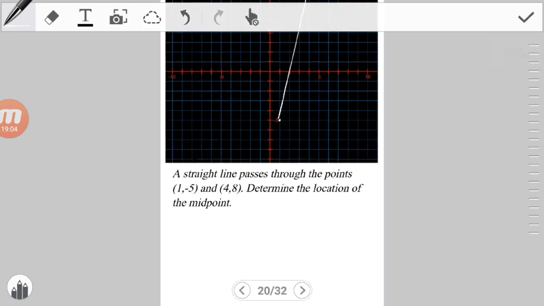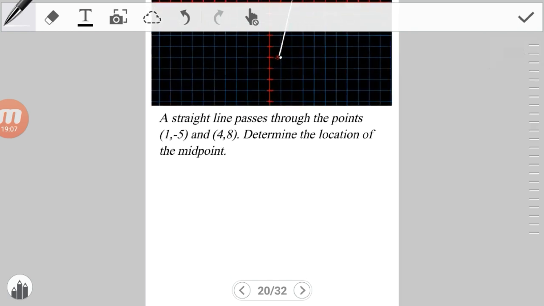Let's go ahead and calculate now the midpoint of this line. So therefore we're going to look at M being equal to (x1 plus x2) divided by 2, (y1 plus y2) divided by 2. All right, as usual, we name our points. So we're going to say here that this is x1, y1, x2, y2.